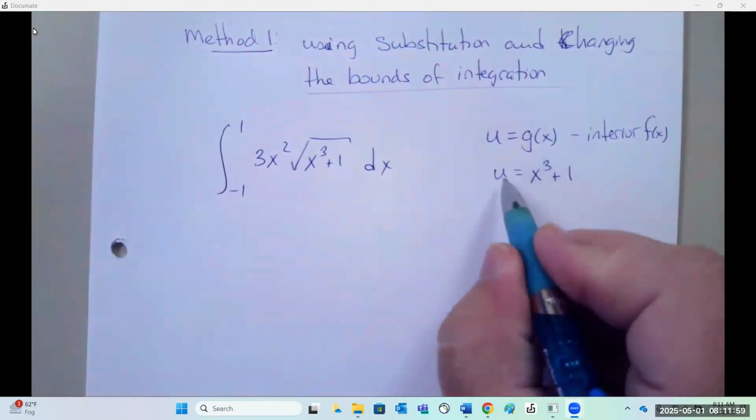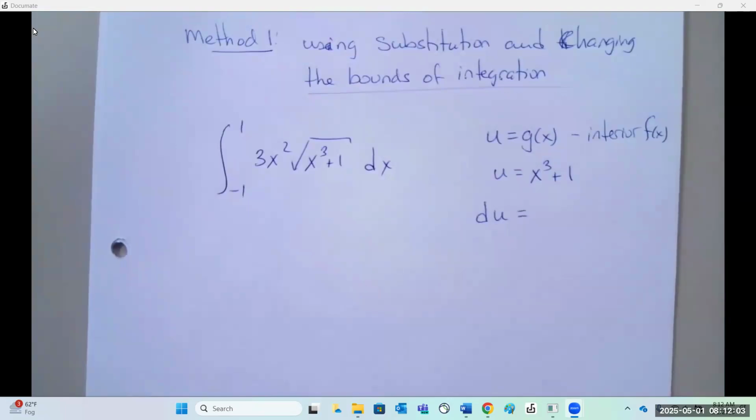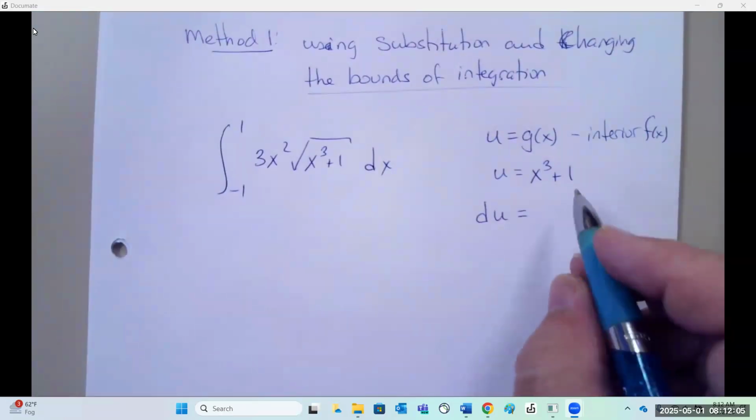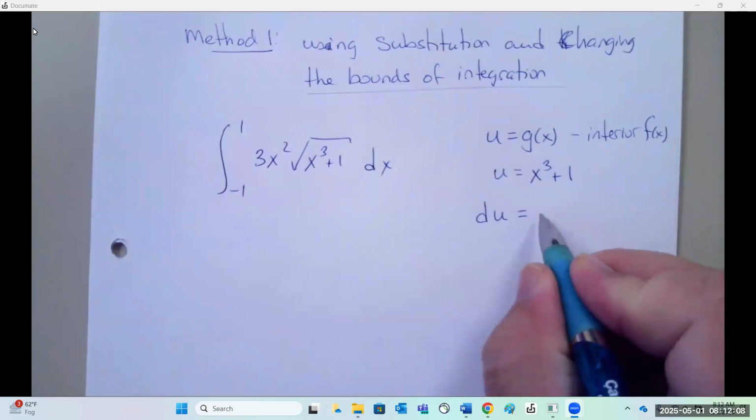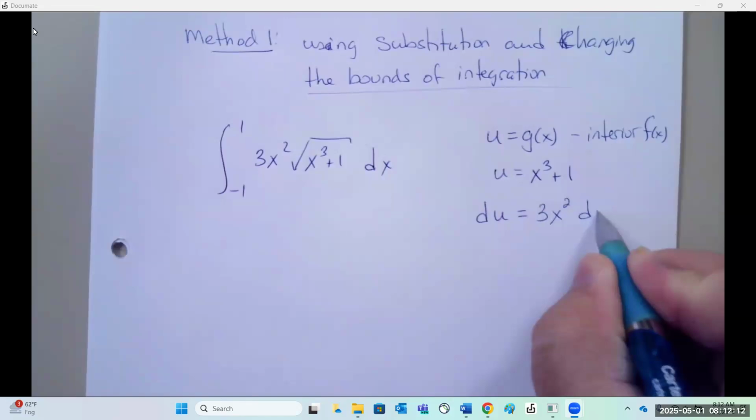All right. So because we're using u, we also have to find du. What is du? 3x squared dx.